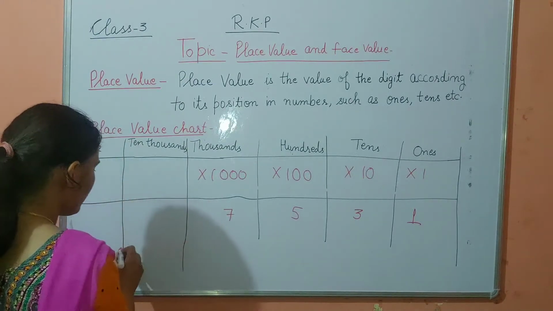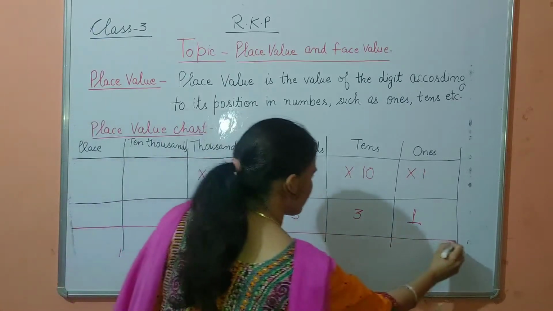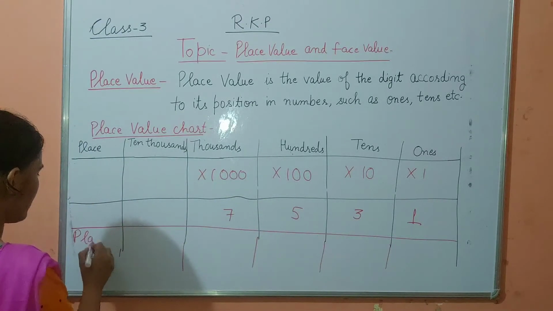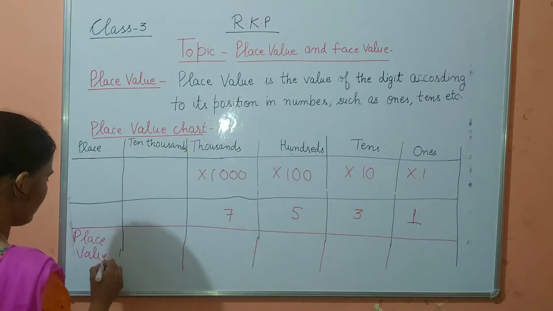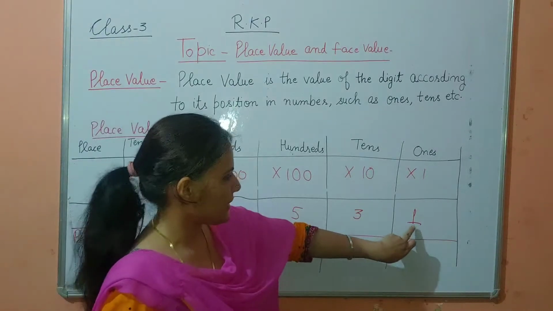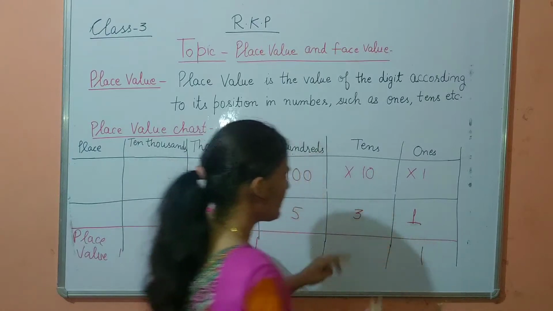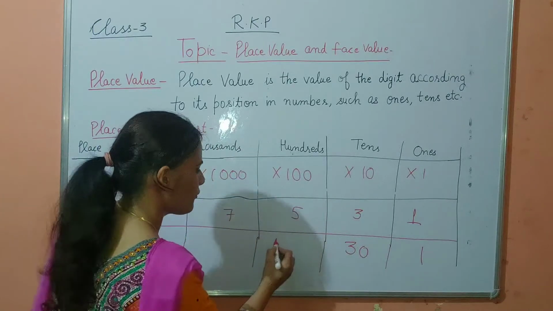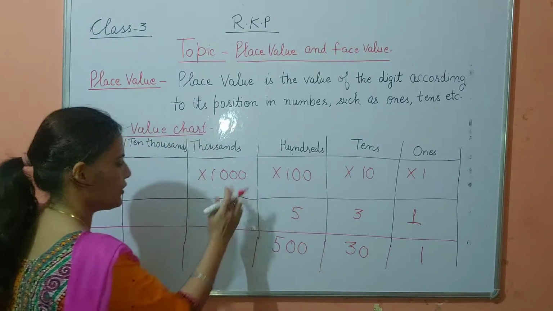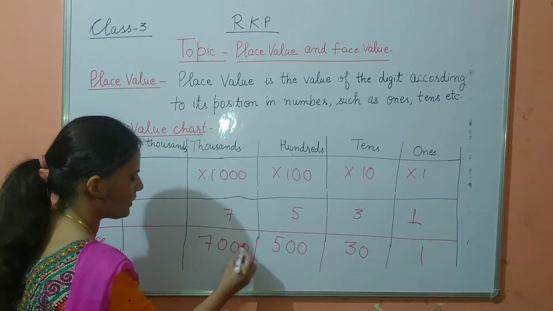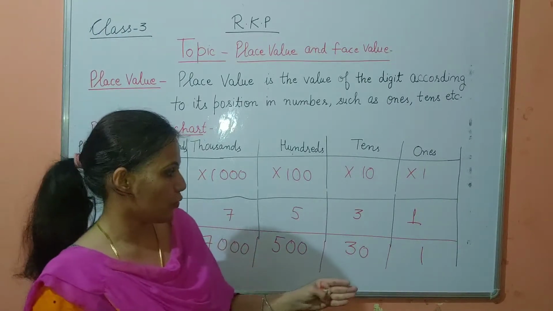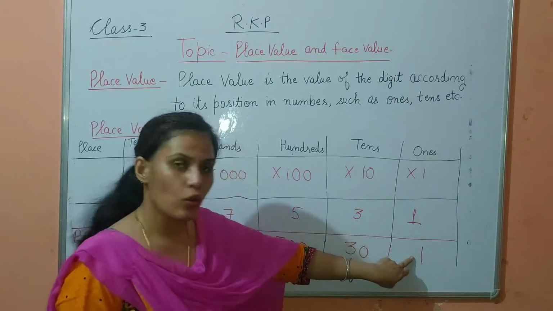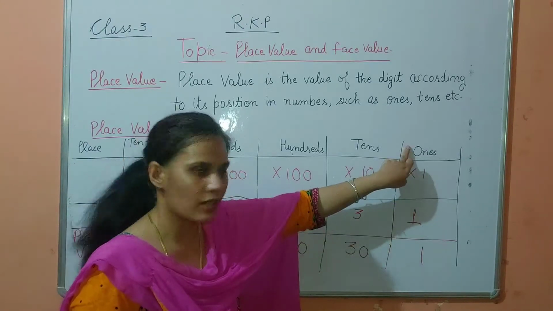So if I want to know the place value of each digit, multiply: 1 into 1, 1; 3 into 10, 30; 5 into 100, 500; and 7 into 1000, 7,000. Means if I ask you the place value of 1, what will be the place value? 1, or you can say 1 once.